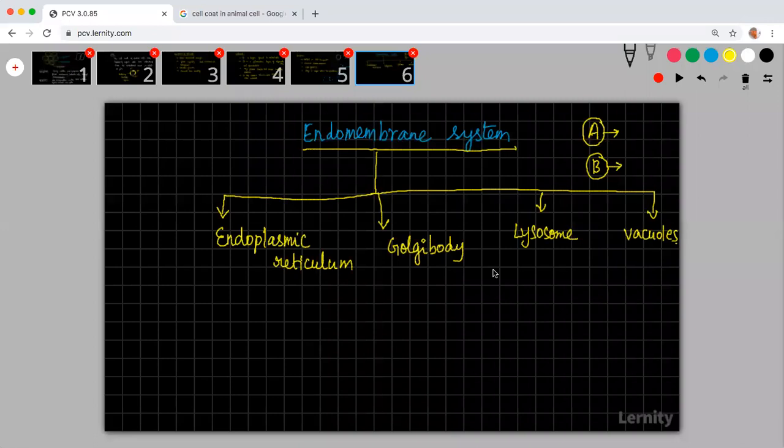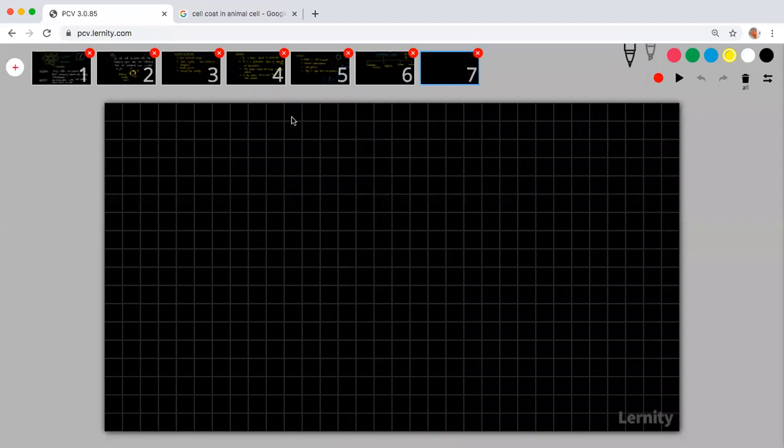So the next 4 organelles that we are going to study together are called the endomembrane system: endoplasmic reticulum, Golgi body, lysosomes, vacuoles. The first organelle that we are going to study about is endoplasmic reticulum.